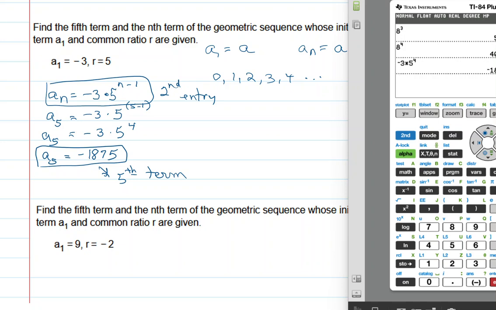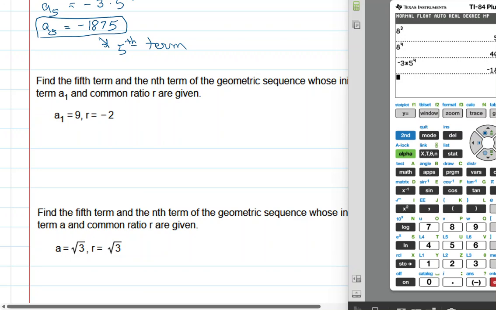All right, so you're going to have a lot of these as well, like maybe 4. And nothing hard, because they want the fifth term and the nth term, which means the rule for that geometric series. So we know that... I'm sorry?